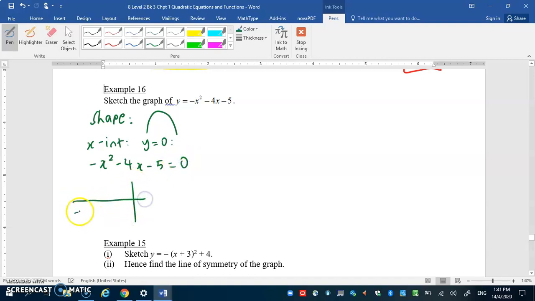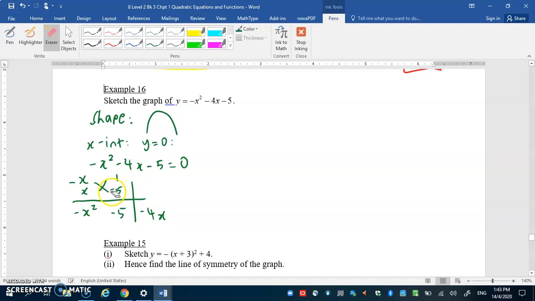Try to factorize. Negative x squared, negative 4x, negative 5, negative x, x. 5 and 1 must go somewhere. Let's say I have negative 5 here and 1. When I multiply, I would get 5x plus x, which will not give me negative 4x.